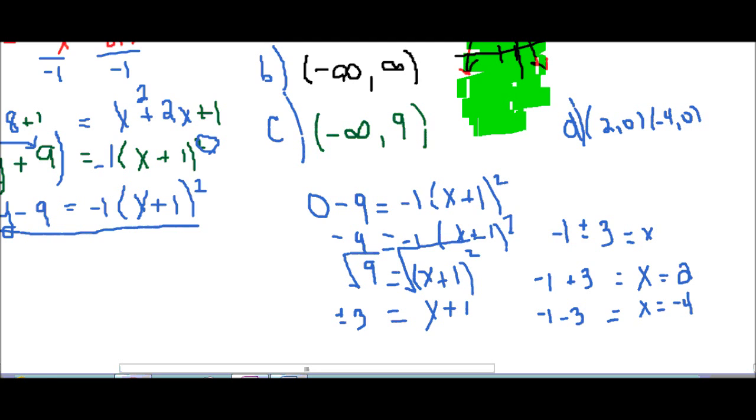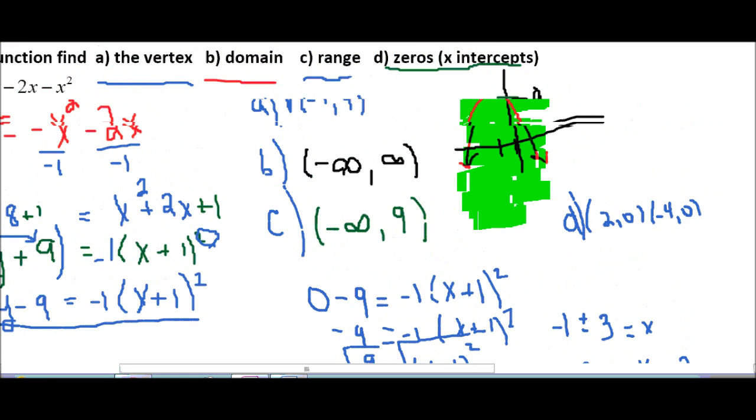And just to take a look at your graph, you can see from my rough sketch that an x-intercept of -4 and an x-intercept of 2 looks reasonable for my x-intercepts. There you go. We will be working more on this in class.